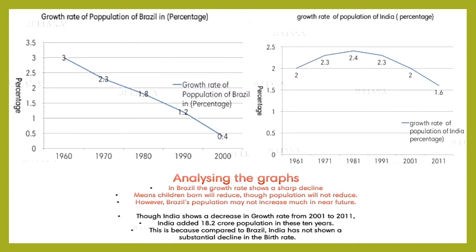No. Does it mean population is not increasing? No, not that also. Children are born. Population is increasing. But the rate at which population is increasing is very, very slow. If in future the graph line goes down, that means children are born, but the growth rate is even slower. It will take many years to show an increase in population.